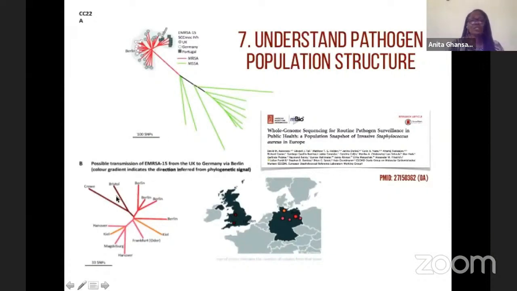And in the second panel, we are using the tree to understand how the gene flow from Britain through Berlin spread to other parts of Germany.